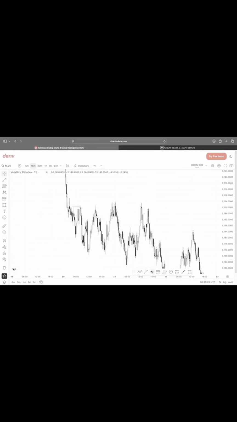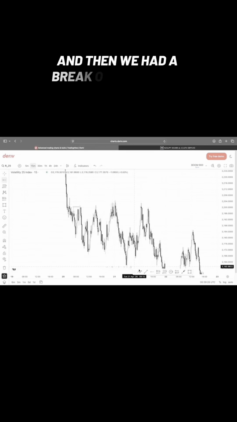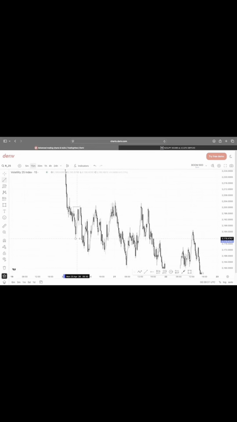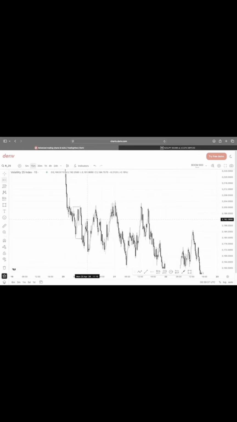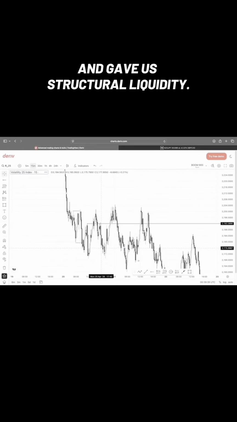Okay, and then we had a break of structure. All right, and then price retraced and gave us structural liquidity.